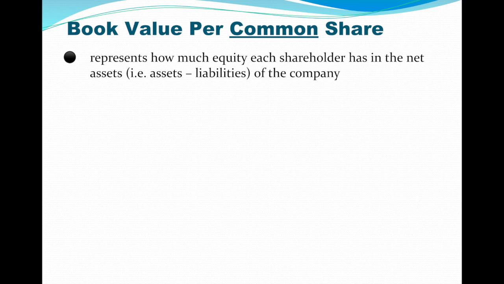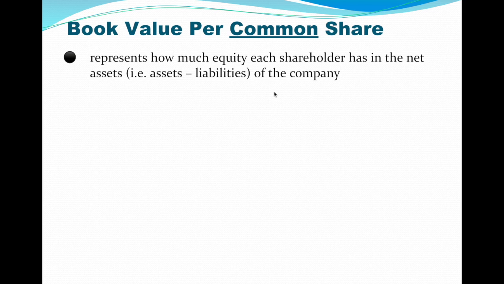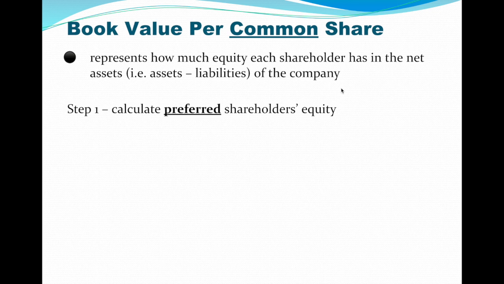So, book value per common share. You might have seen this before. This represents how much equity each shareholder has in the net assets, so assets minus liabilities, of the company. Step 1, calculate preferred shareholders' equity.